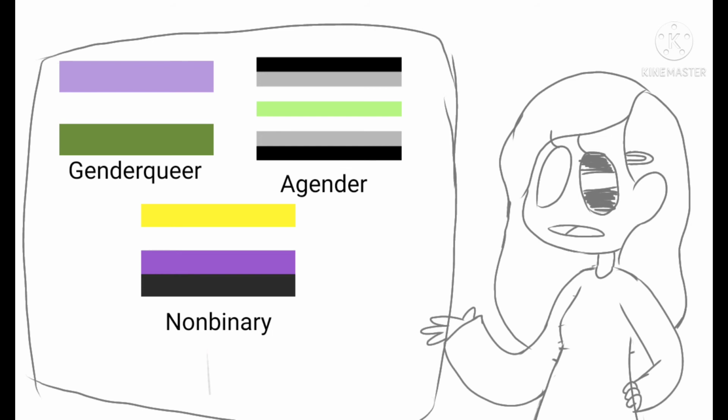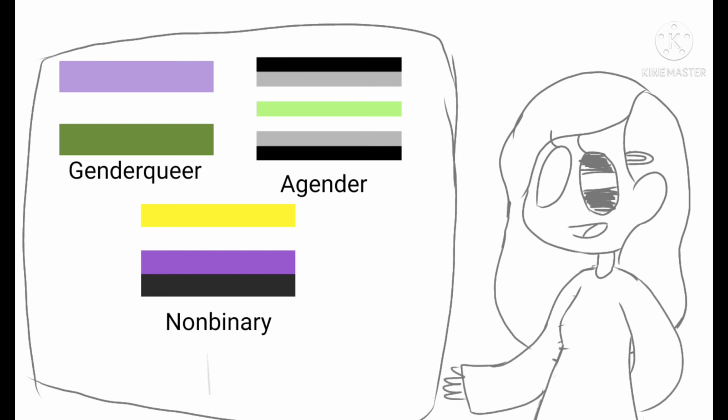And if somebody says that they identify as one of these, don't call them by a different one. Just address them as whatever they identify as, because that's the respectful thing to do. But basically, all three of these just mean you don't identify as any gender, and that's completely okay.